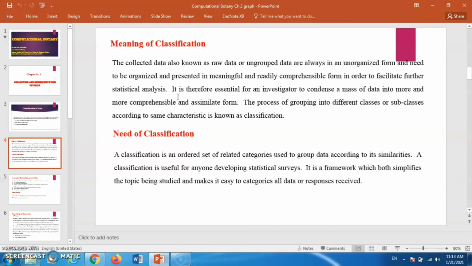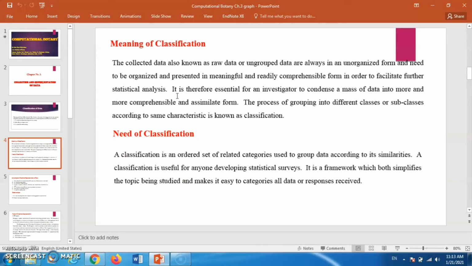To draw a certain conclusion is somewhat difficult, or in some cases impossible. So to make others understand that data, I have to categorize it. Only data collection is not sufficient. You have to classify and categorize that data according to its nature.